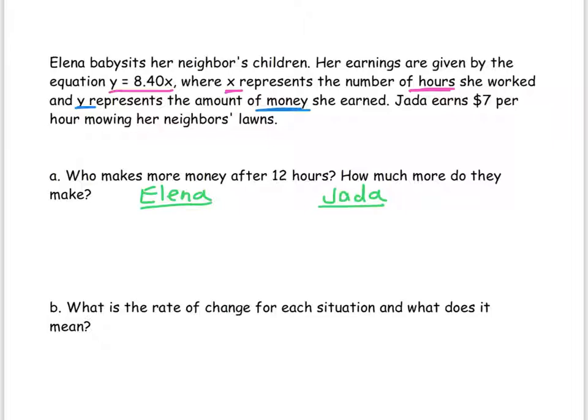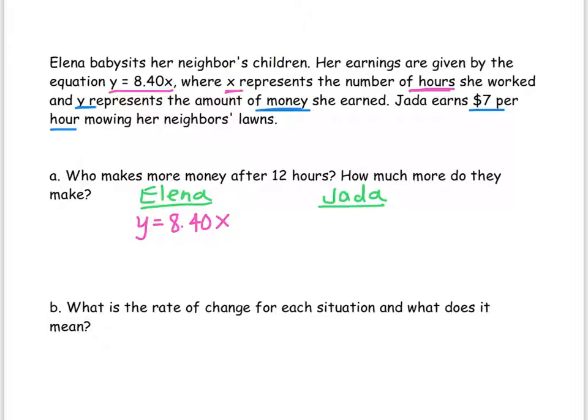Now they already give me the equation for Elena. Y equals 8.40x. So this shows the relationship between how much she makes and how many hours she works. We can do the same thing for Jada, except Jada earns $7 per hour mowing her lawns.